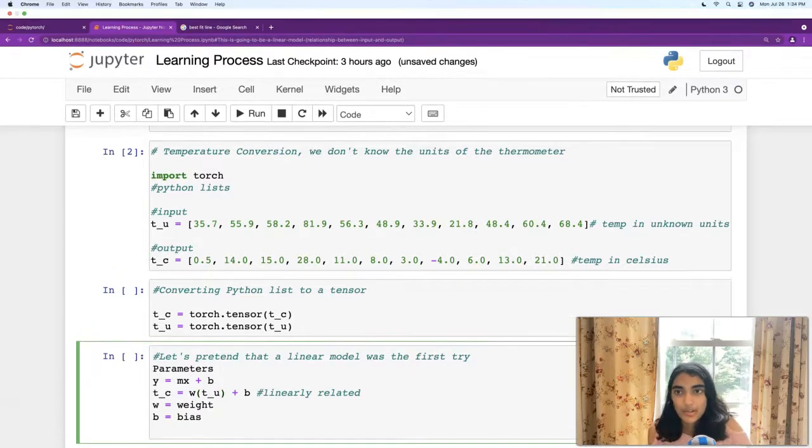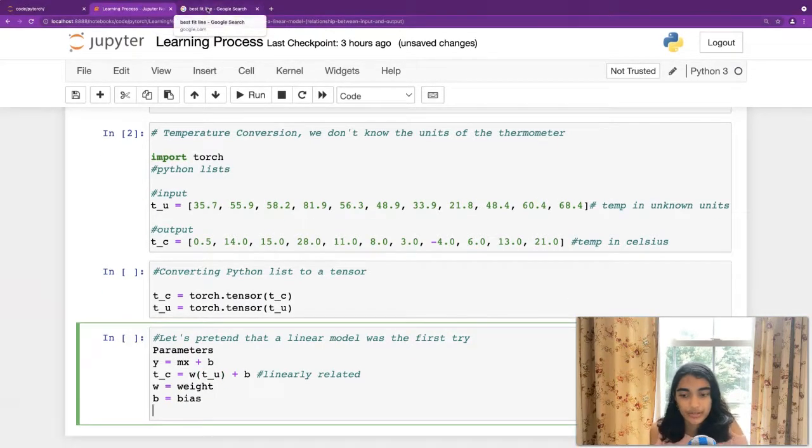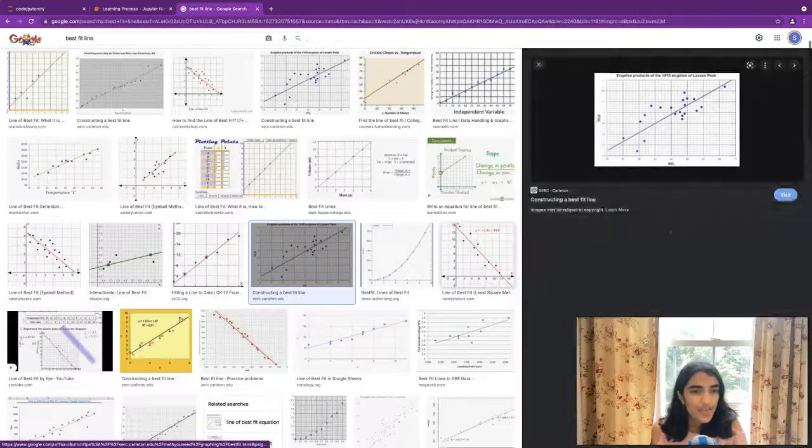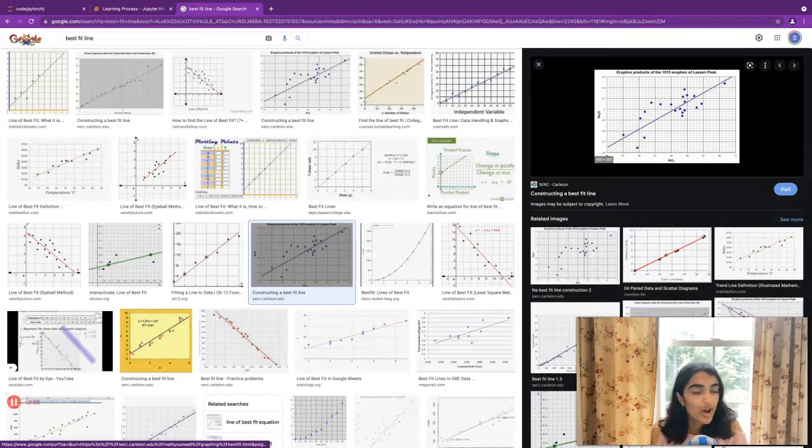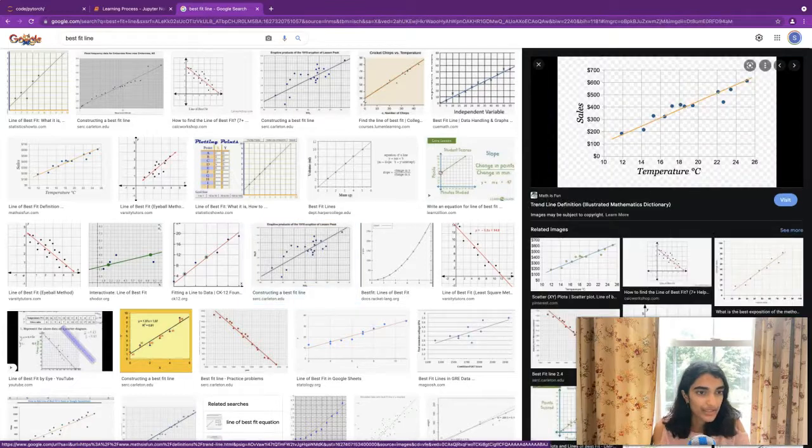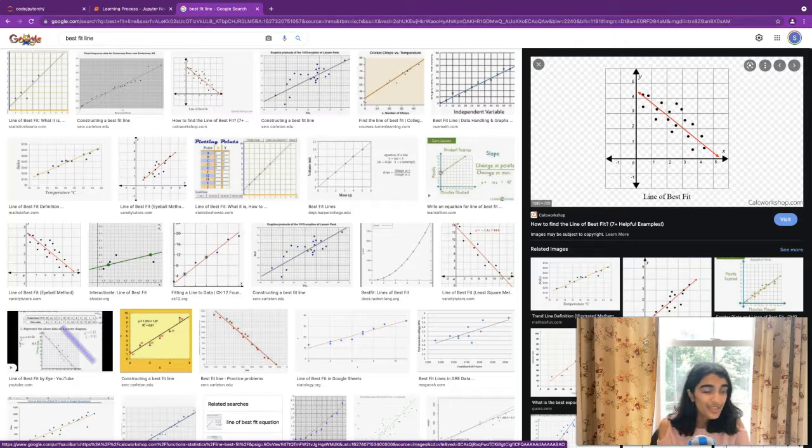Okay, and so when you look at a best fit line in an image, this is really fuzzy. Okay, we talked about this. This is really fuzzy. And this, like we talked about last time, is the trend line.